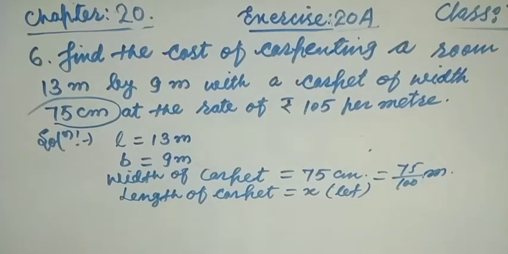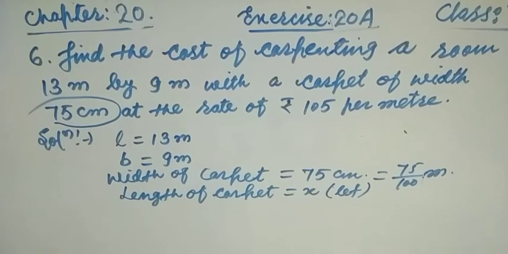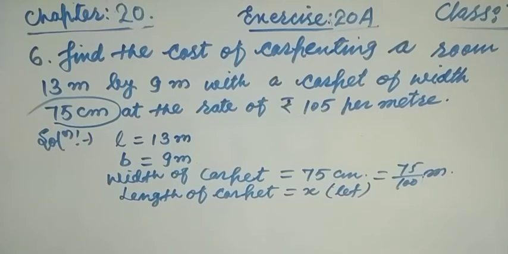Okay, now friends, we have to spread the carpet on the floor of the room. That means we have to find out first the area of the room floor, then we go to the market and purchase the carpet with the length. What, friends?